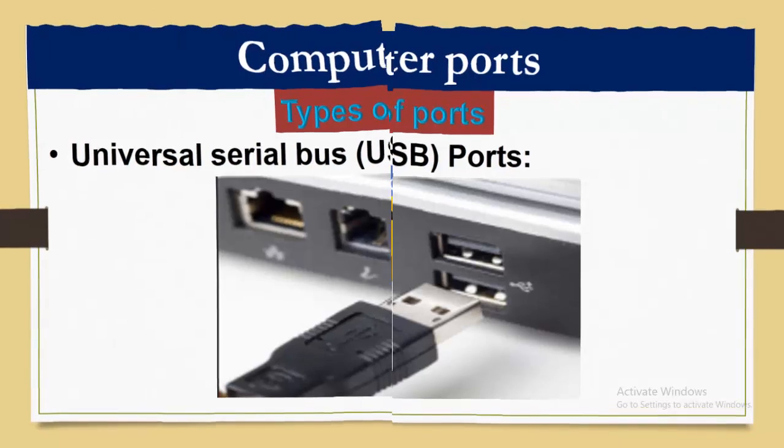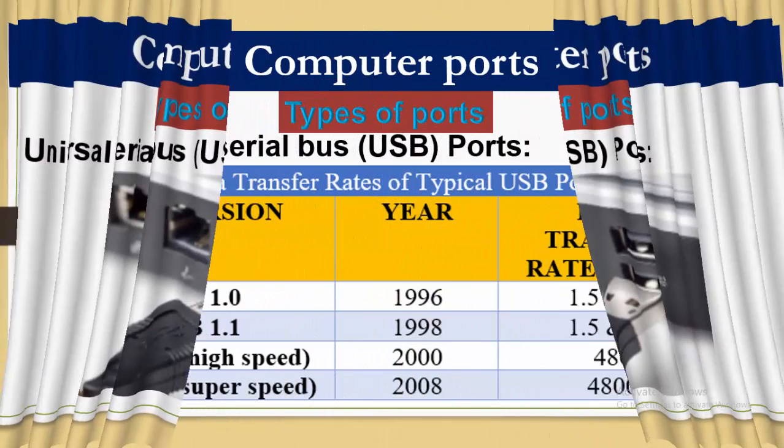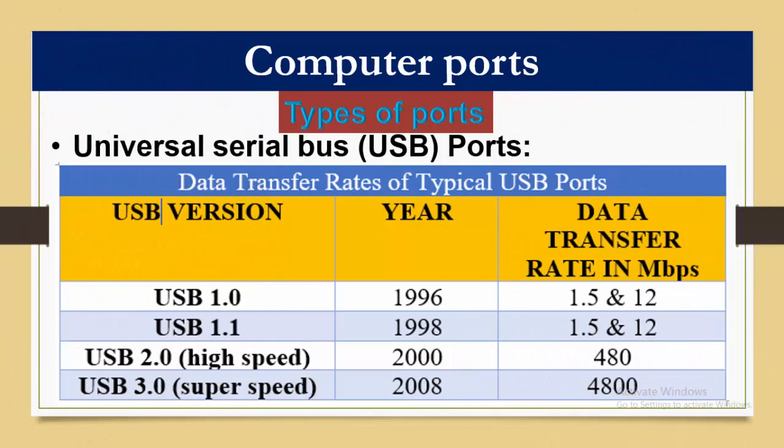And here is a table that shows data transfer rates of typical USB ports. This column shows the USB version, this column shows the year, and this shows the speed. The first version, USB 1.0, was introduced in 1996, and the speed was 1.5 and 12 megabits per second.